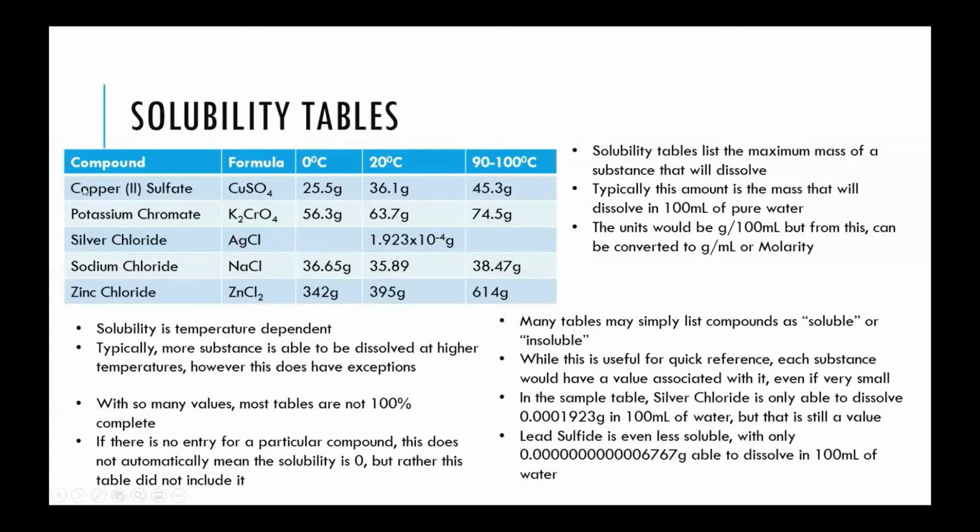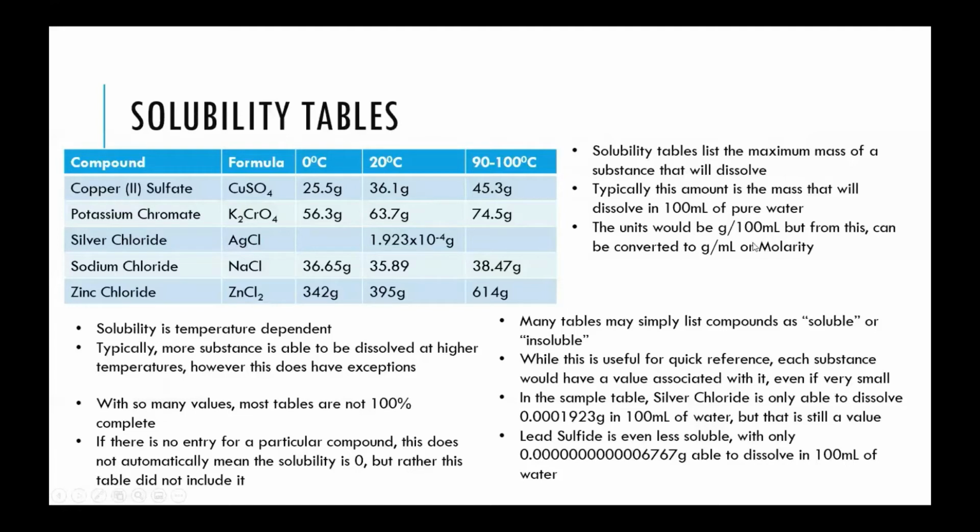So the overall unit for the solubility of copper sulfate at 20 degrees Celsius would be 36.1 grams per 100 milliliters. But having that value, you can also see how much is able to be dissolved in 1 milliliter.